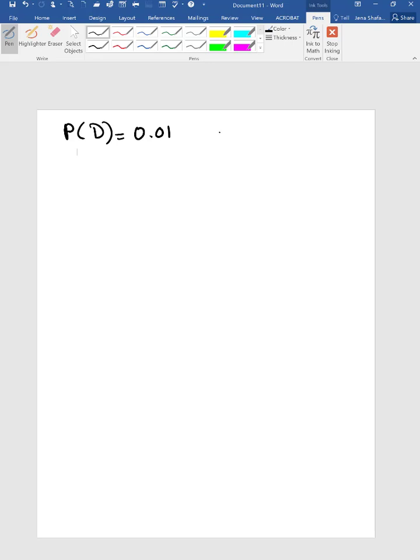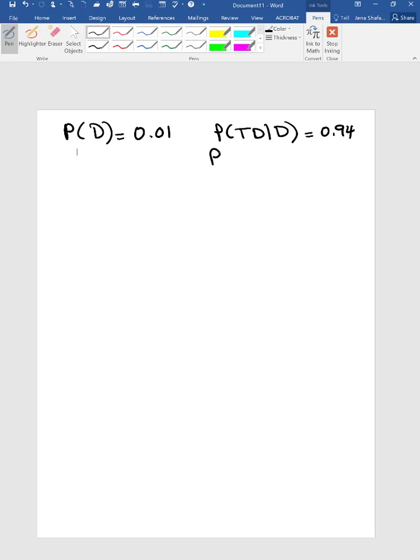And so let's say that the probability that, given that the product is defective, the test will show that it is defective equals 0.94.